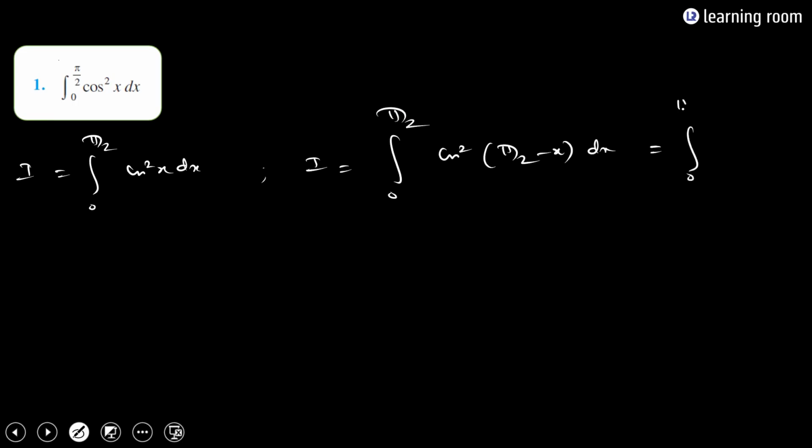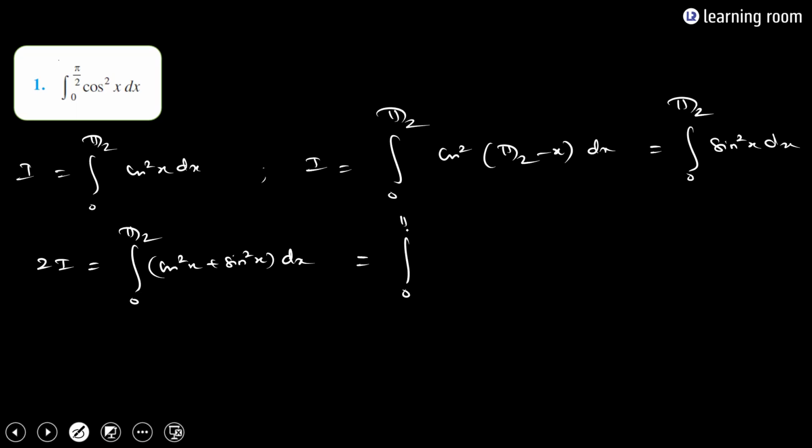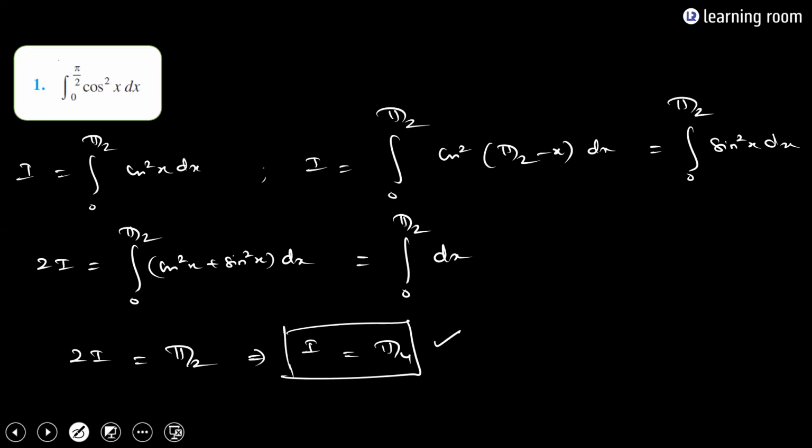So it will be integral of 0 to pi by 2 sin square x dx. When you add both, you will get 2I is equal to integral of 0 to pi by 2 cos square x plus sin square x dx. Right? So this will be equal to integral of 0 to pi by 2 dx. So 2I is equal to x, which is pi by 2. From here I will get I is equal to pi by 2.